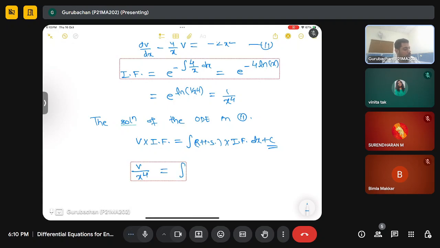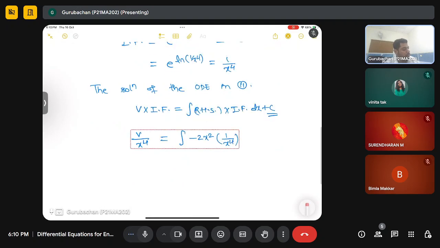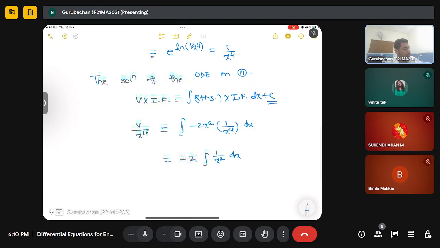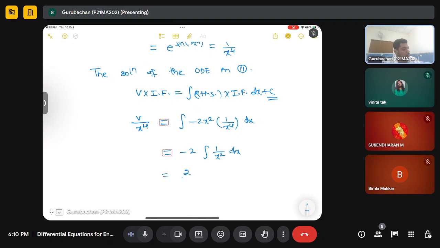In the RHS you have -2x^2 times 1/x^4, and when you integrate, this gives 2/x plus some constant.